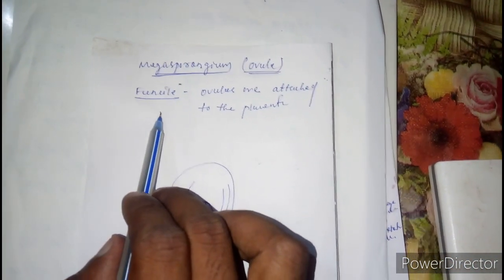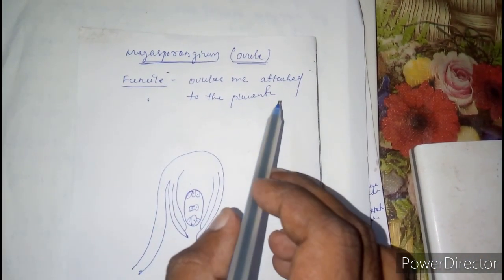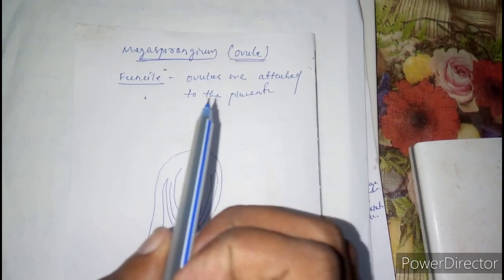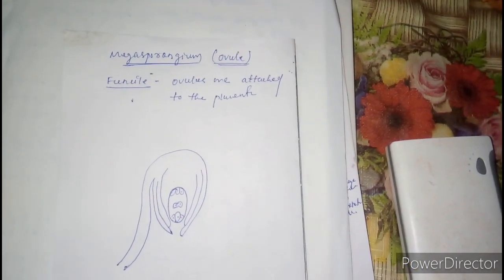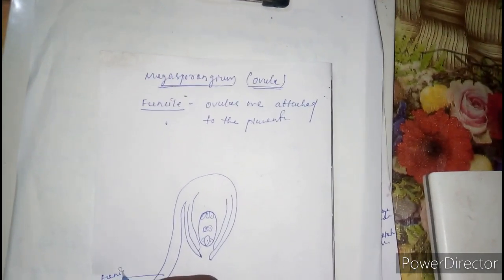Funicle is a structure attached to the placenta and ovary. This structure is called the funicle.